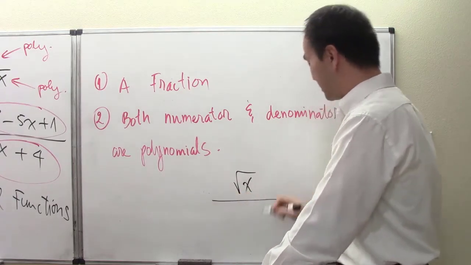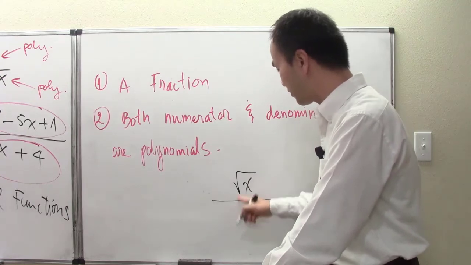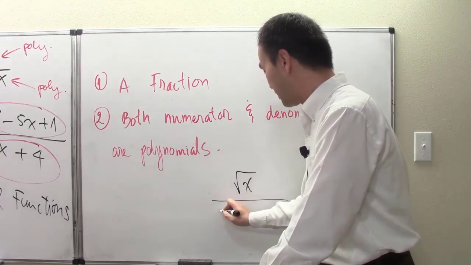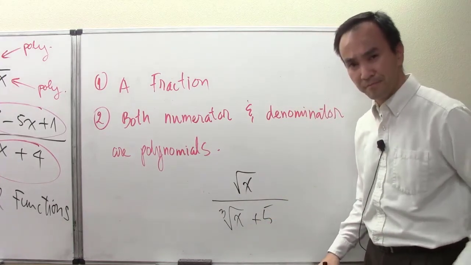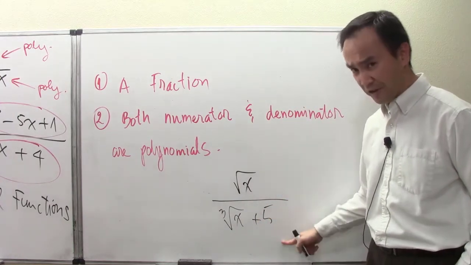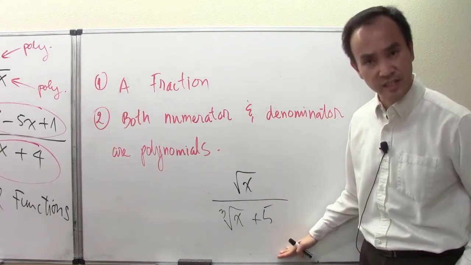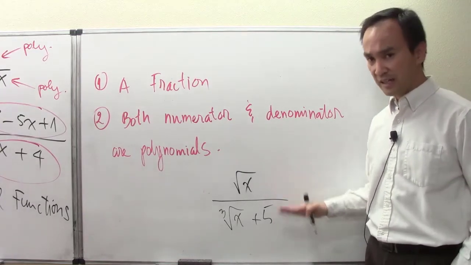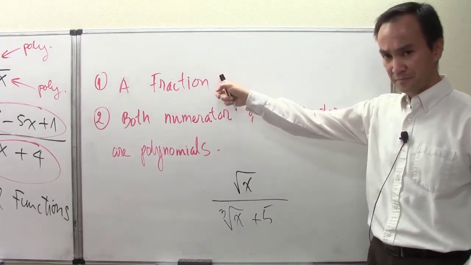Now if I set up a function as follows: square root of x over cube root of x plus 5. It has a fraction. The reason I brought this up is because functions like this exist out there, and it also has a fraction.